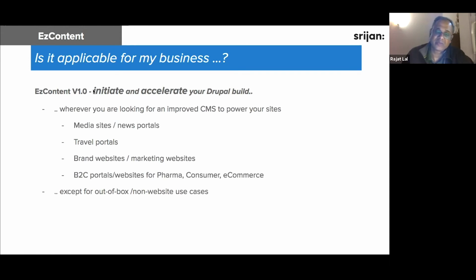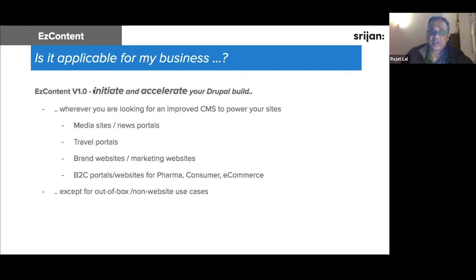So all kinds of industries such as media sites, news and publication portals, travel management companies, travel portals of travel management companies or airlines for that matter, brand websites or marketing websites for most other industries, for example, pharma or consumer. Pharma industries have a lot of brand websites for different products.